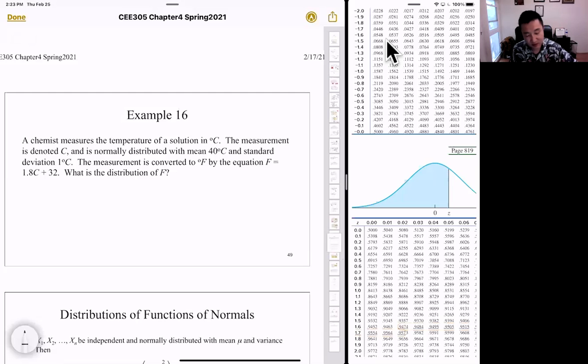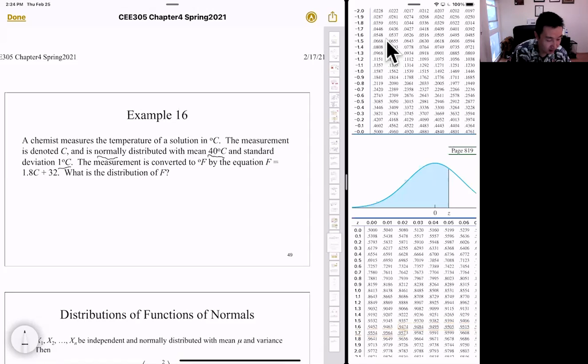So here is a simple example. We measure the temperature of a solution in degrees Celsius. The measurement is denoted C for Celsius. That temperature is normally distributed with a mean value of 40 degrees and a standard deviation of 1.